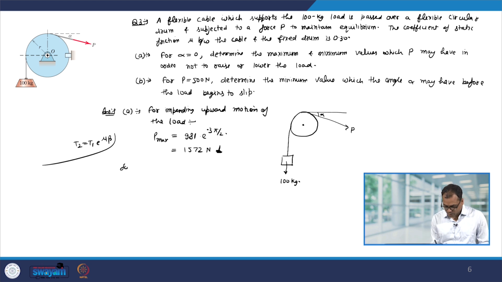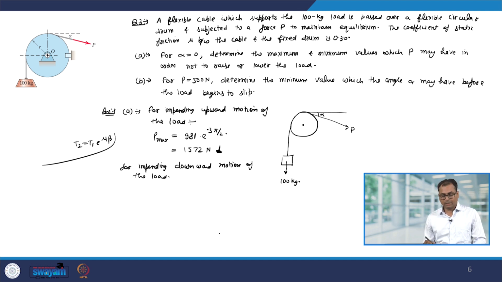Okay. So, for impending downward motion of the load, we have T2 equal to T1 e to the power mu beta. T2 will be 100 kg.